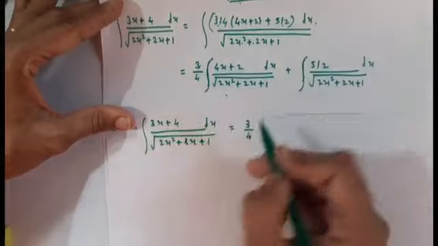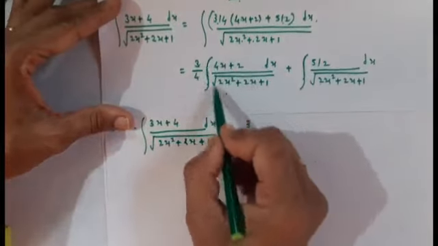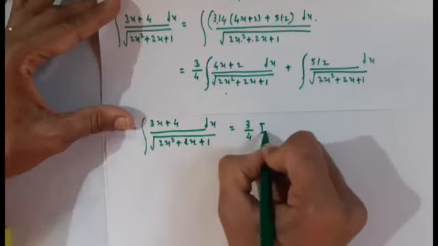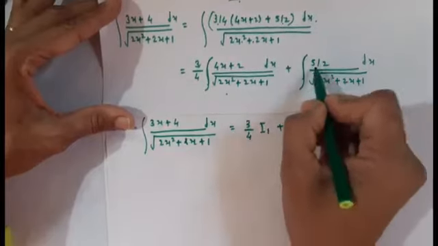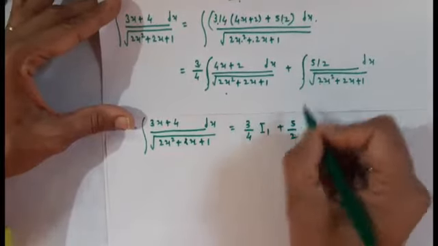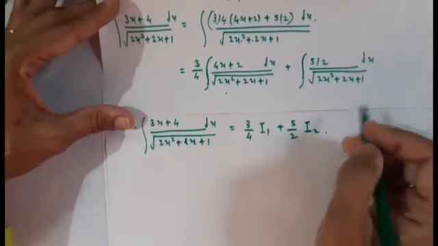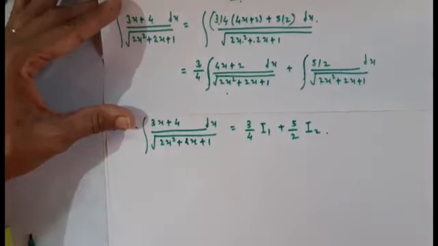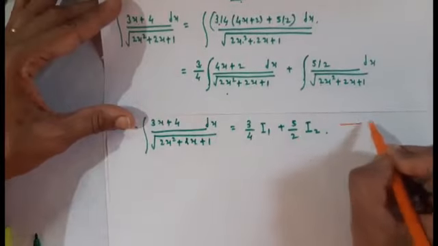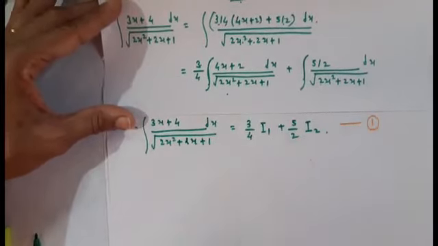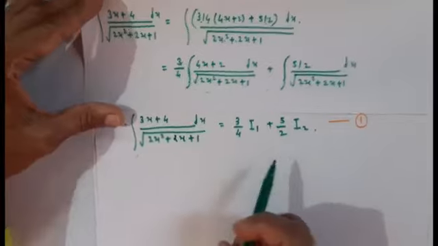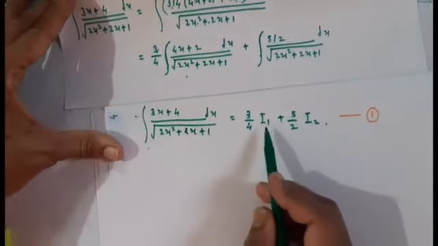Take 3 by 4 outside and consider this the first integral, I1, plus 5 by 2 as a constant and consider the other I2. Solve it, that means find I1 and I2, put the values, and we will get the whole integration of the given integral.